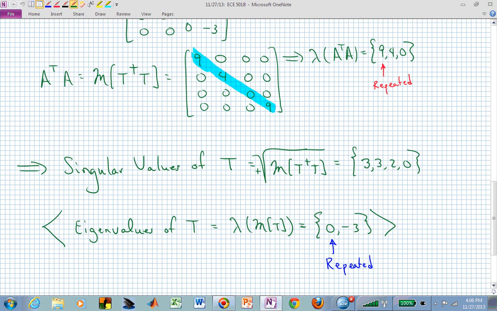We could contrast that with eigenvalues of 0, minus 3. But that particular linear map is not invertible because we have an eigenvalue at 0, which we'll learn about when we start dealing in chapter 10, or we have a singular value of 0, so we're losing rank. We're not full rank in that map.